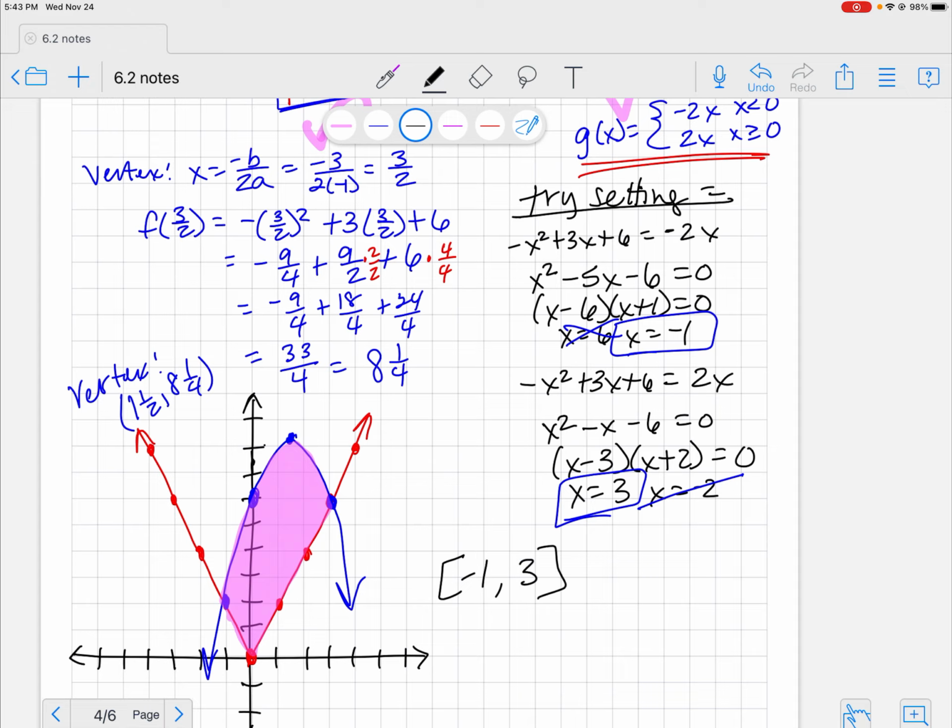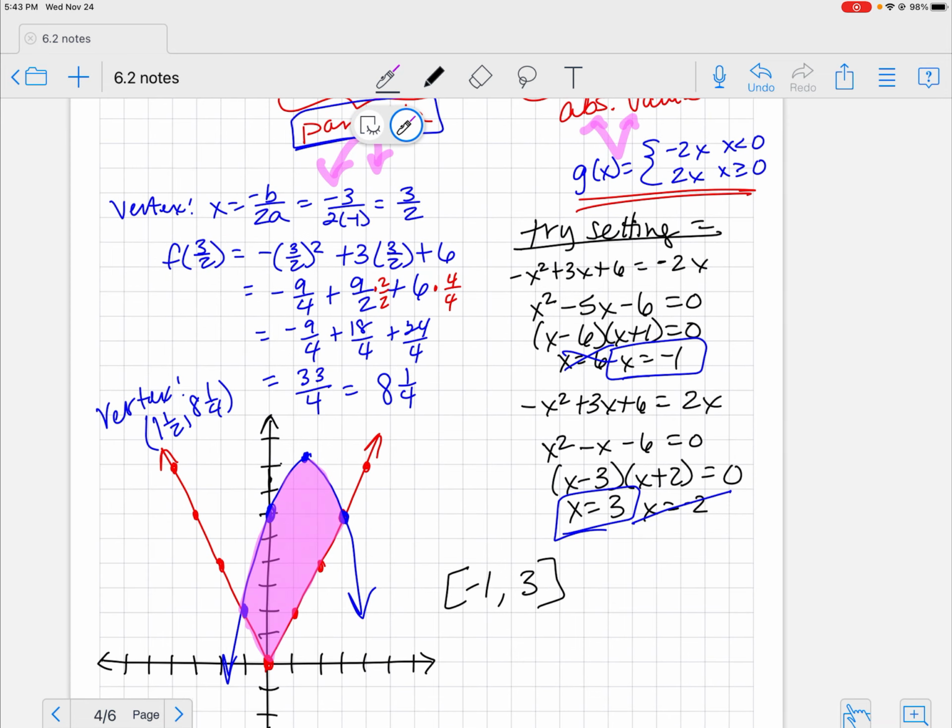Now here's the deal. This is a piecewise function. Whenever I break up these pieces, how am I going to be doing some absolute value here? You're not, right? I'm looking at this in terms of pieces.